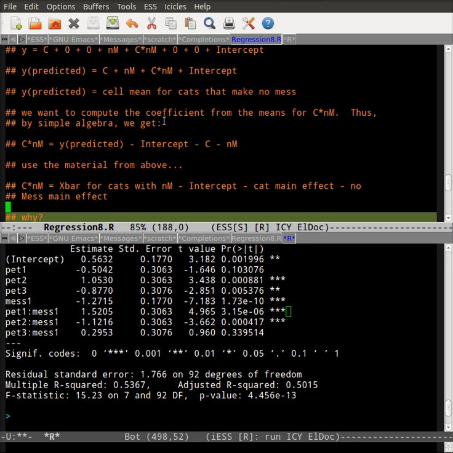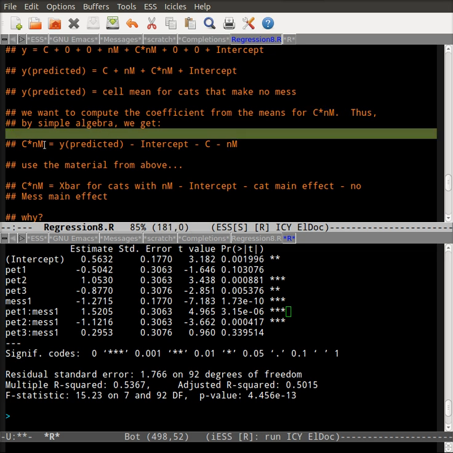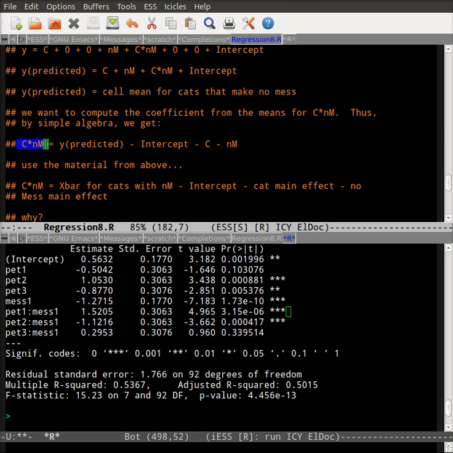We want to compute the coefficient for the means for this interaction right here. Cats that make no mess. Thus, by simple algebra, we say cats that make no mess equal Y predicted minus the intercept, minus the cat main effect, minus no mess.